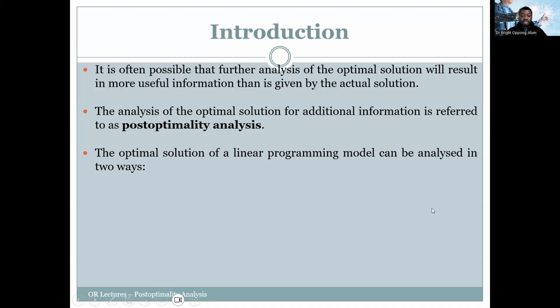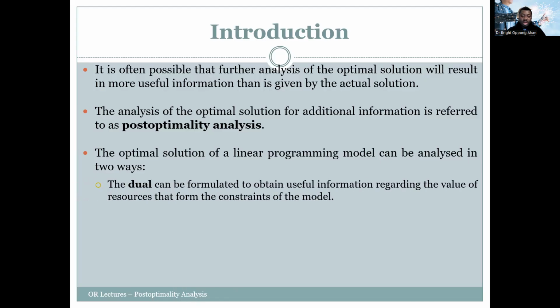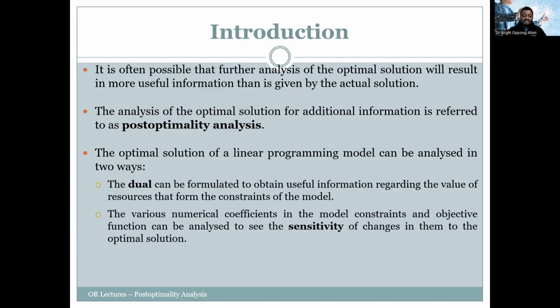In this case, the optimal solution of a linear programming model can be analyzed in 2 ways. What are they? One, the dual can be formulated to obtain useful information regarding the value of the resources that form the constraints of the model. Then also the various numerical coefficients in the model, constraints, and also in the objective function can be analyzed, so we can see their sensitivity to changes.